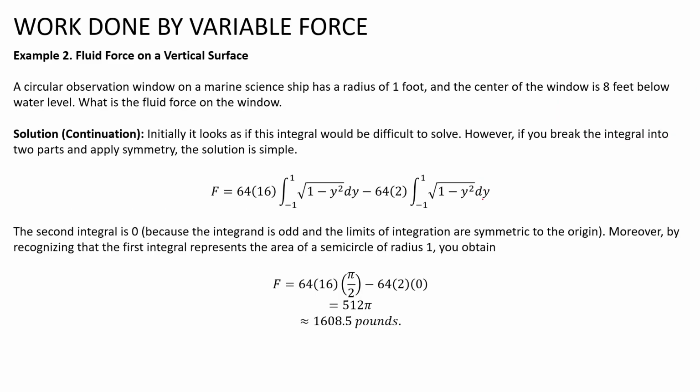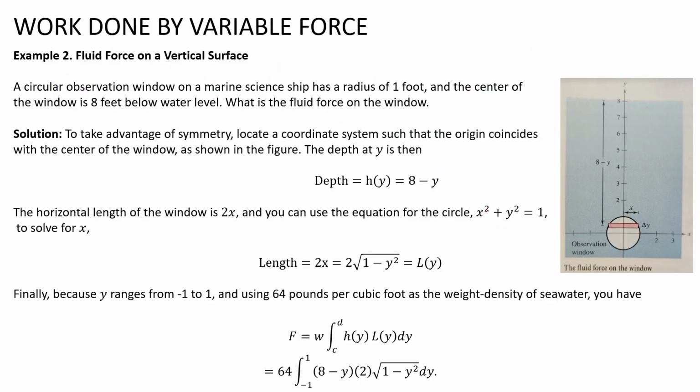Alright, so in this problem, notice that the x axis is not on the surface of the water. So of course, you may also still place your x-axis in this portion here.